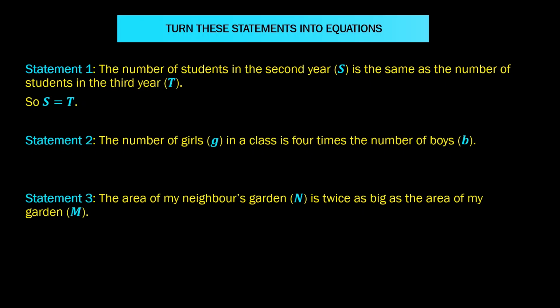The number of girls, G, in a class is 4 times the number of boys, B. So we have G equals 4B, or 4 times B. And now for statement 3. The area of my neighbour's garden, N, is twice as big as the area of my garden, M. This would be expressed as N equals 2M.